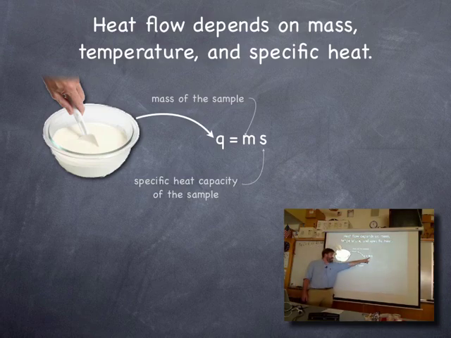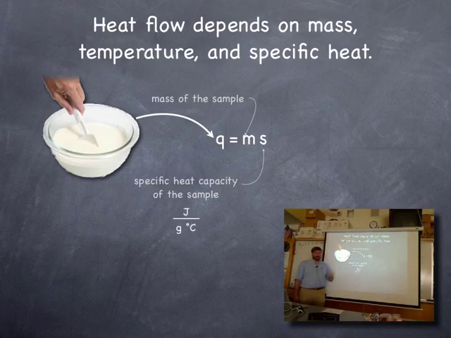So S, sometimes we see this as a C, but S, our specific heat, is the amount of energy it takes to change 1 gram of the substance 1 degree Celsius. So joules is our unit of energy, g is grams, and C is degrees Celsius. So how much energy does it take to change 1 gram of the substance 1 degree Celsius?